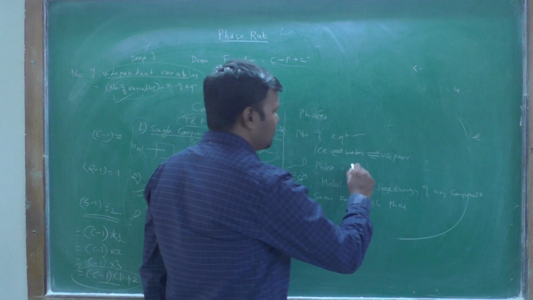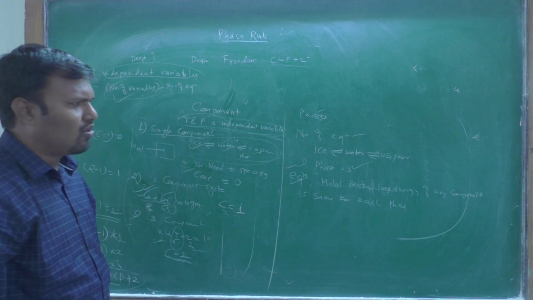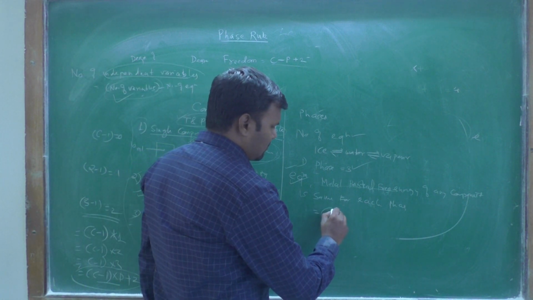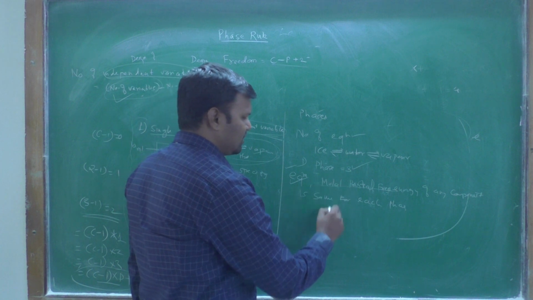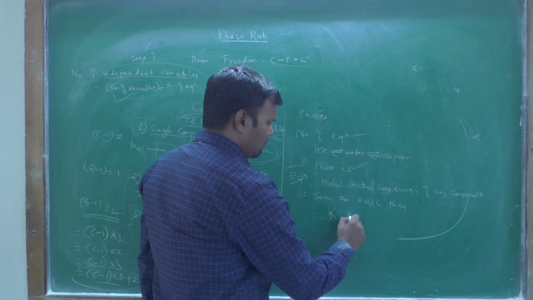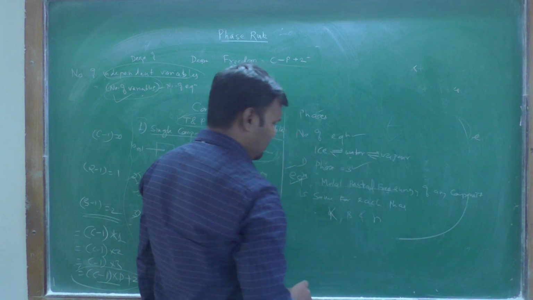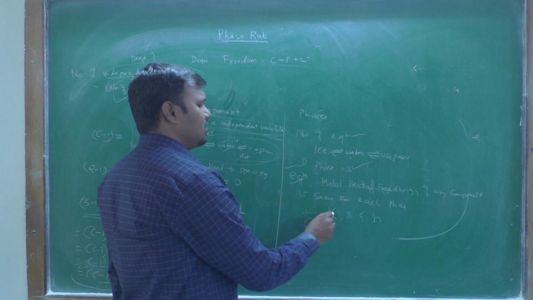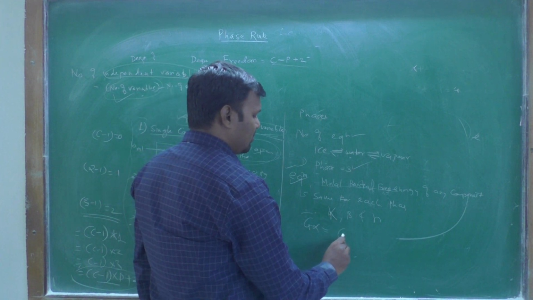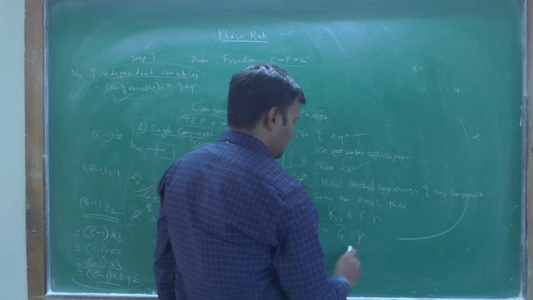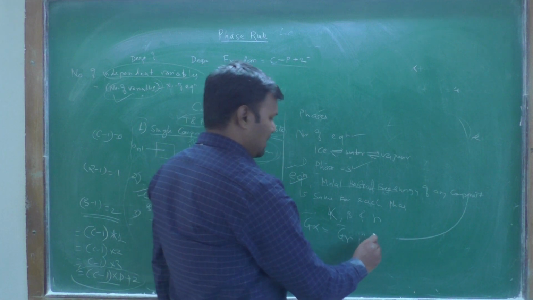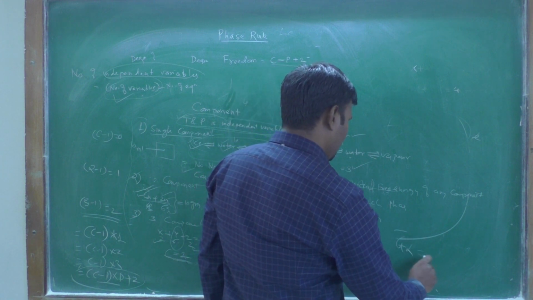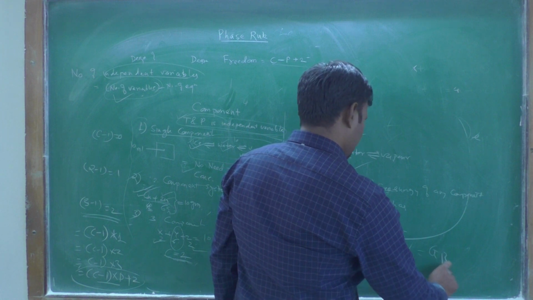Therefore, in this case the phases are 3, and we can give the number of equations as follows. Suppose the phases are alpha, beta and gamma. The partial molar free energy of alpha is equal to the partial molar free energy of gamma, and the partial molar free energy of alpha is equal to the partial molar free energy of beta.